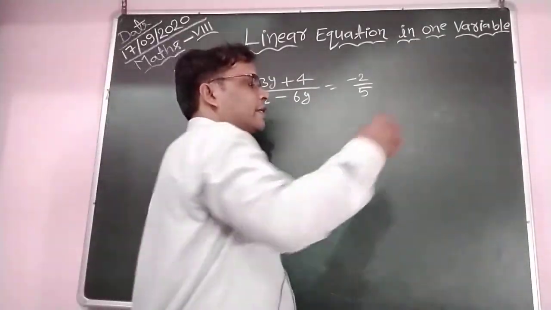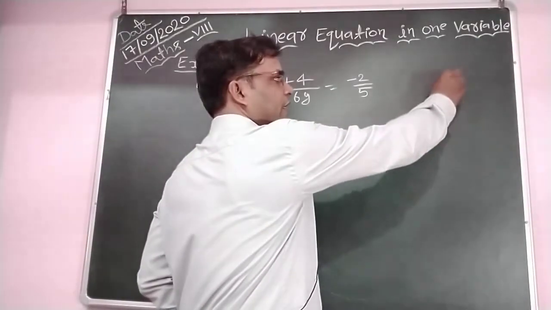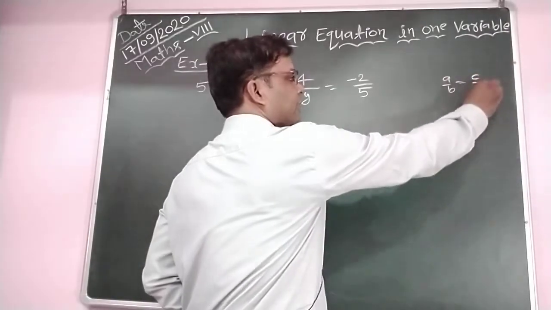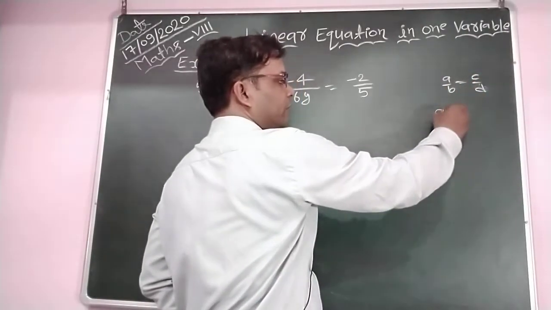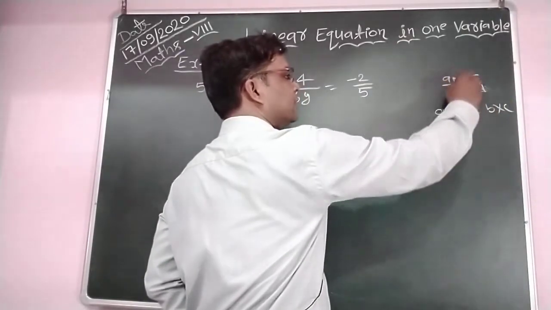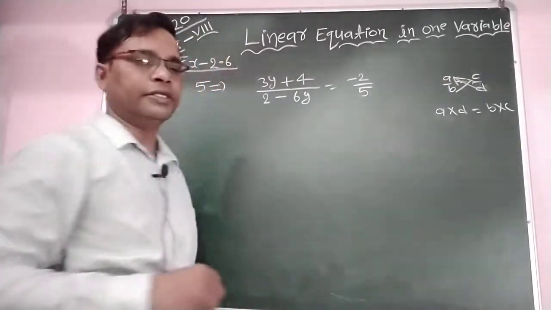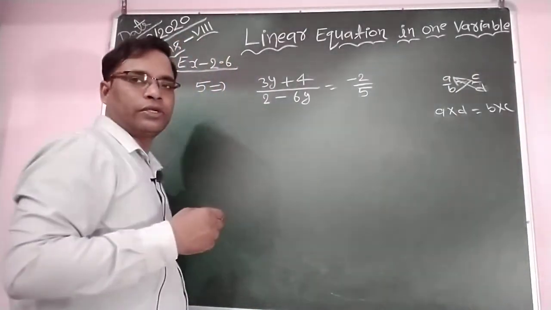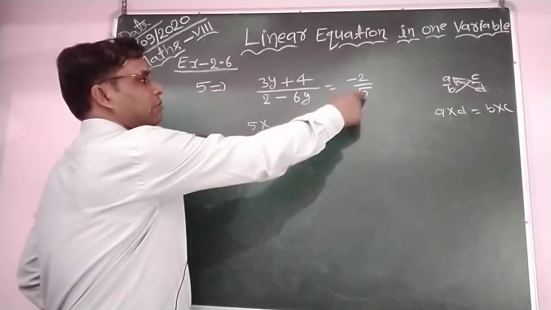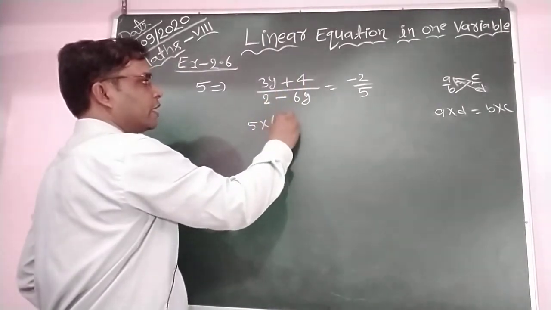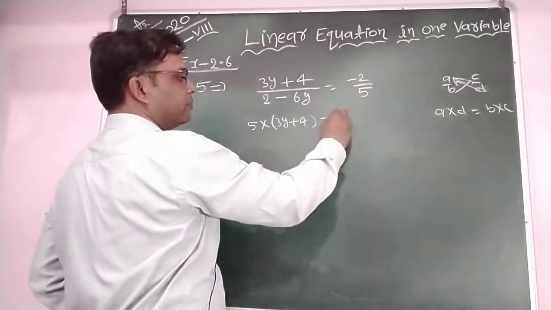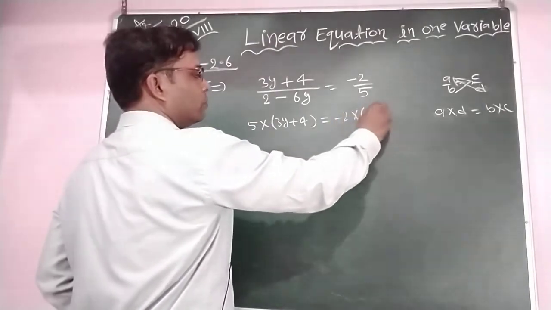You know very well what the cross multiplication method is. If a by b is equal to c by d, then we can write by the cross multiplication method a into d is equal to b into c. It means that this is multiplied by this and this is multiplied by this. Okay, so according to this rule, we can write here 5 into (3y plus 4) is equal to minus 2 into (2 minus 6y).